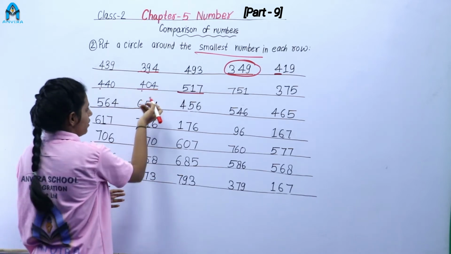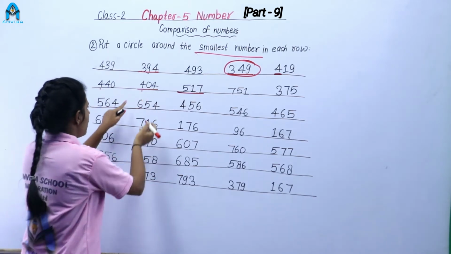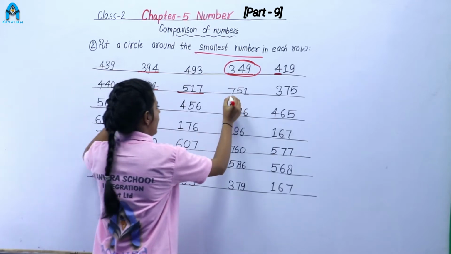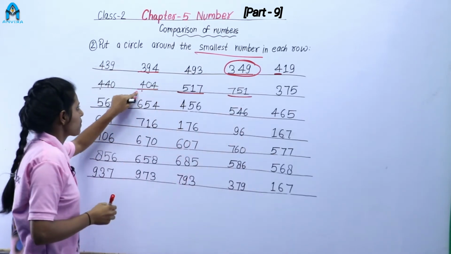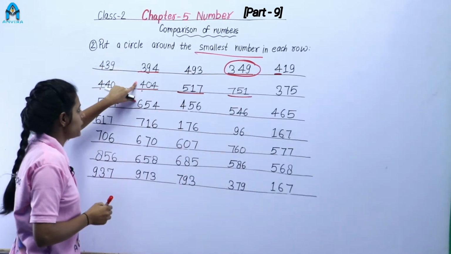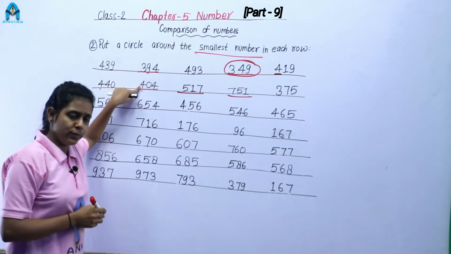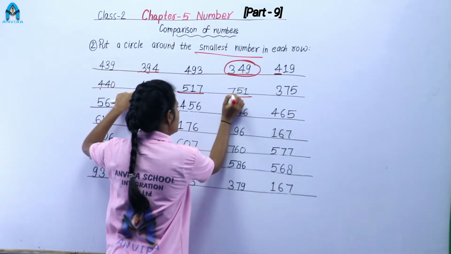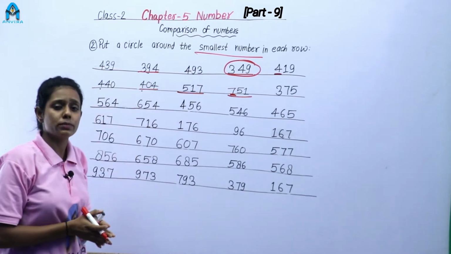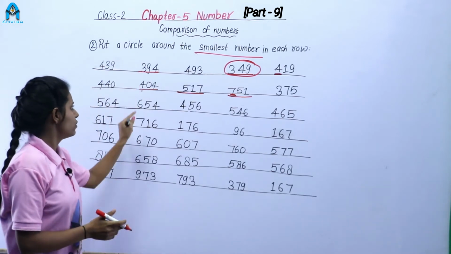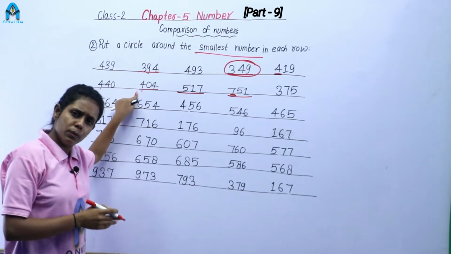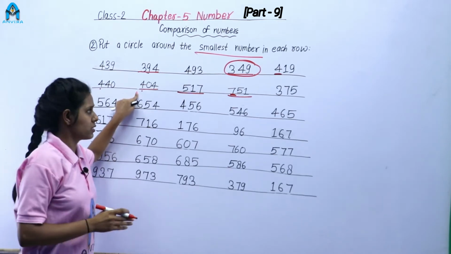Yes, 404 is smallest. Now compare this and this number. On the hundreds place there are 4 and 7. So which is smallest? Yes, here also 404 is smallest.